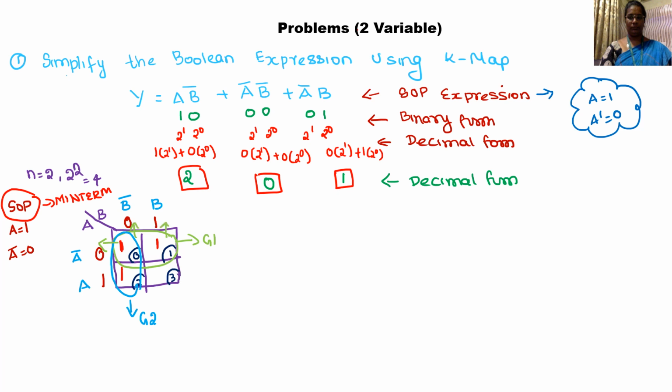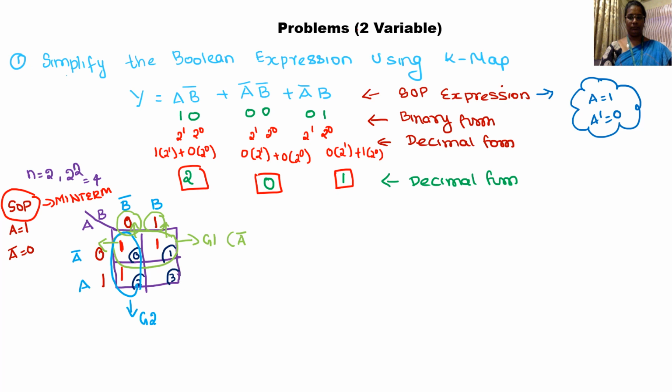When I look into that corresponding row, it is a single variable, that is a complement, so there is no comparison there. But when I compare my column, what do I see? Here there is a 0 and here there is a 1. I have to check whether there is any common variable.